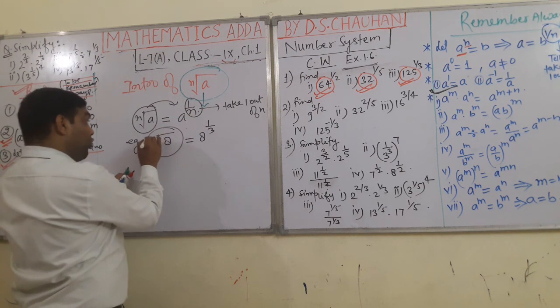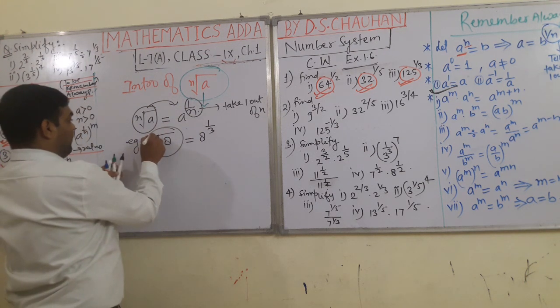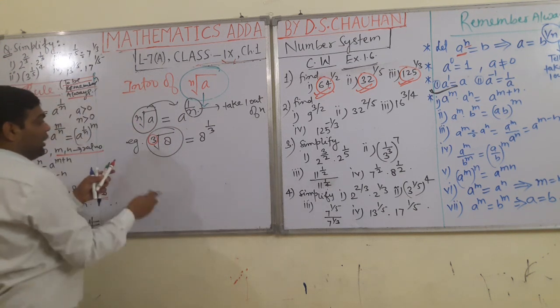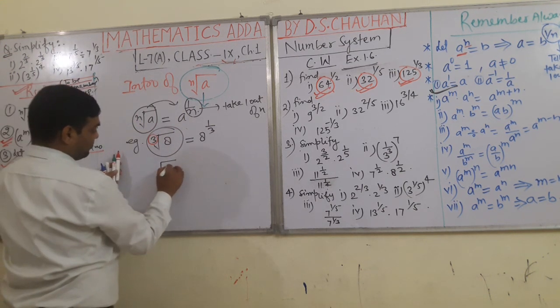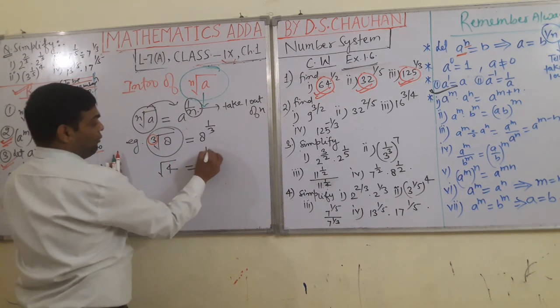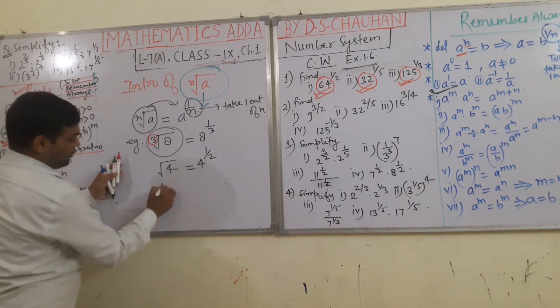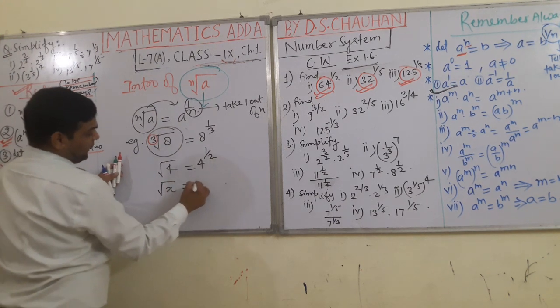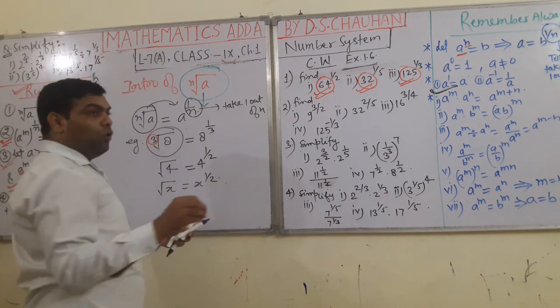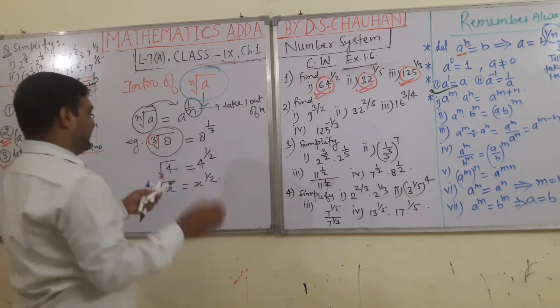If no number is present at this place, remember it is always 2. So to this we can note down 4 to the power 1 by 2, and to this we can note down x to the power 1 by 2. Other than 2, every power will be mentioned there.